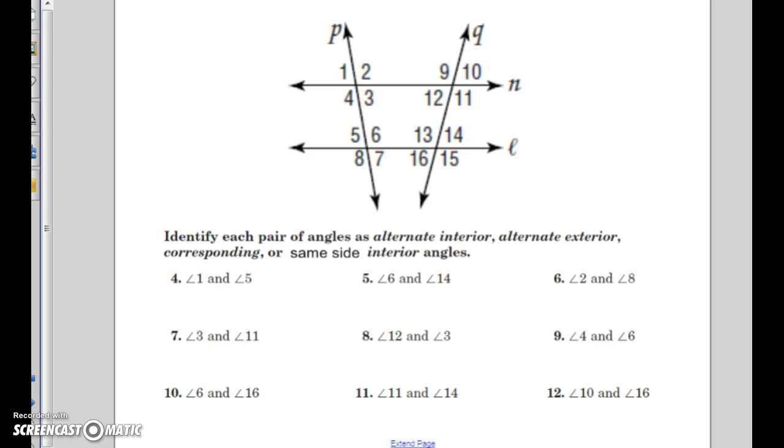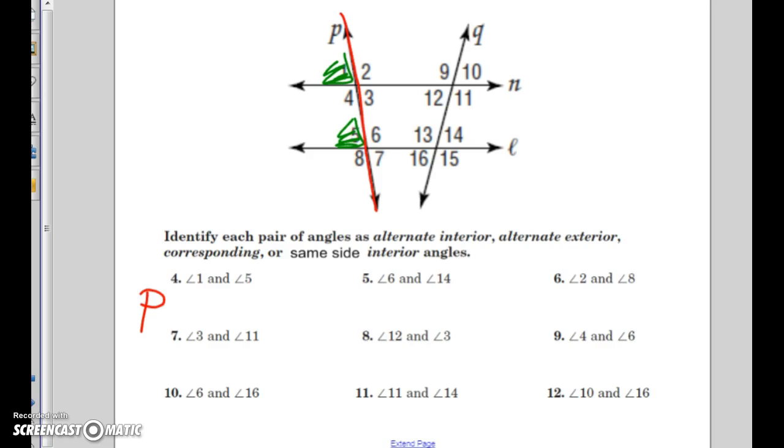Okay, so now it wants us to look at 1 and 5. Same process. First I need to know what one line goes through 1 and 5. P. It's the one line that touches both of those, right? So my transversal is P. But here, they're asking me to actually make some other thoughts.